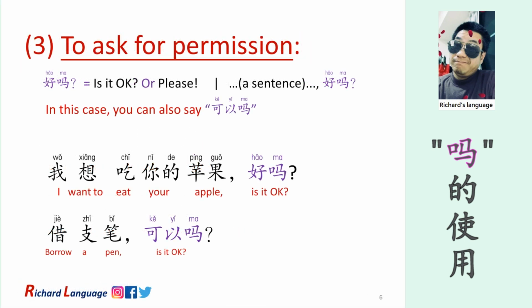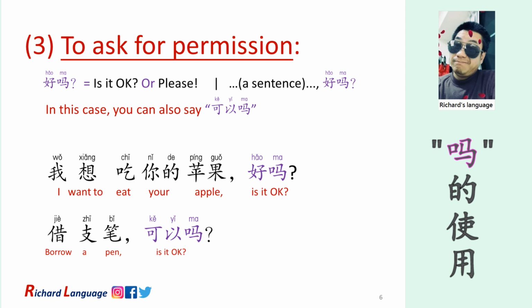Okay, right now, let's talk about the third meaning of the word 吗. And the term we use is 好吗? 好吗? Which means, is it okay? Or please?